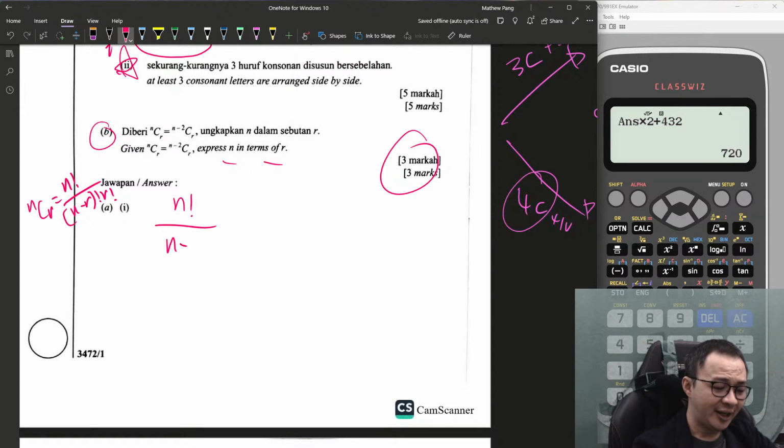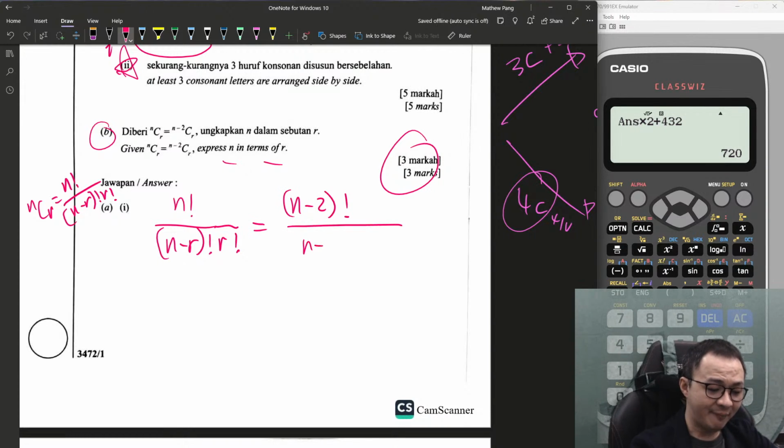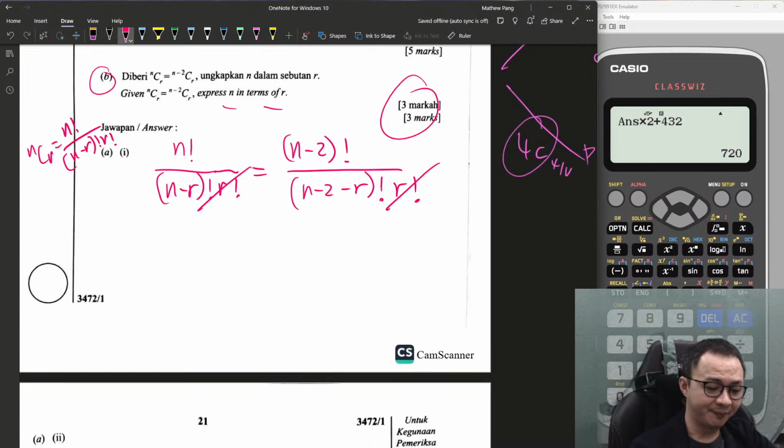n factorial over n minus r factorial, and then r factorial. And then this one is n minus 2 factorial over n minus 2 minus r factorial, r factorial. Okay. Now I want to start to eliminate the same things. r factorial and r factorial I can cancel. The top, n factorial, I will expand, becomes n, n minus 1, n minus 2 factorial.